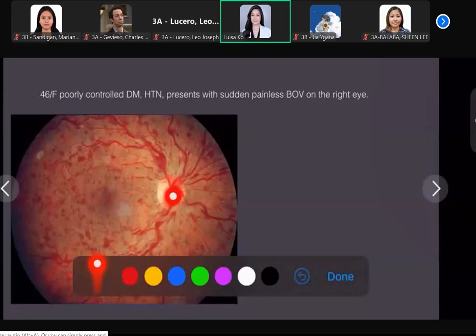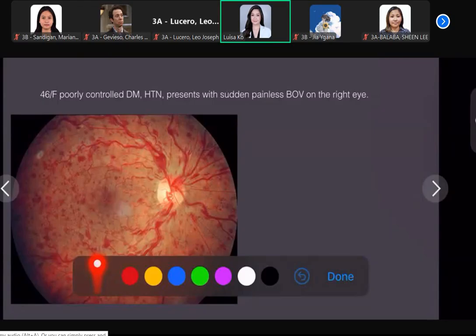This is the cupping. This is the borders. If you're thinking of the whole disc as a whole, it is the ratio of how big your cup is versus the whole disc. The normal, I'd say, is a 0.3 or 0.4. It depends. Some people have bigger discs and cuppings than the rest, but it does not mean it's glaucoma.